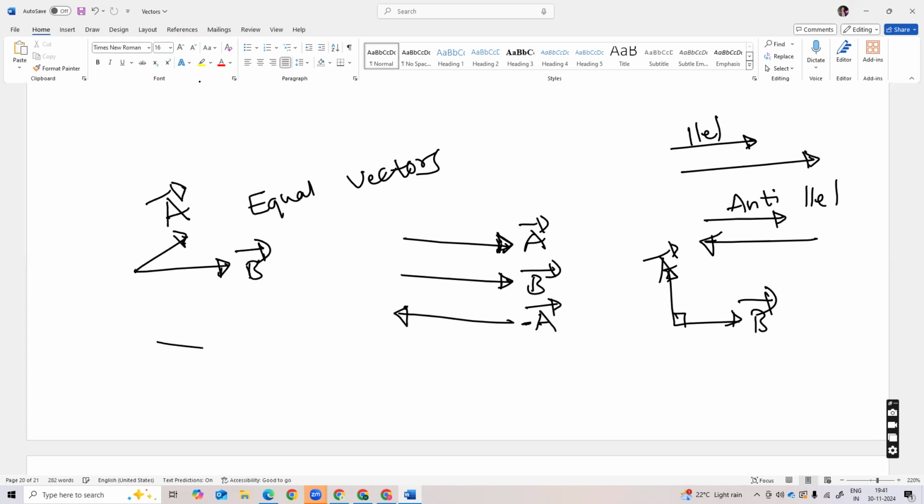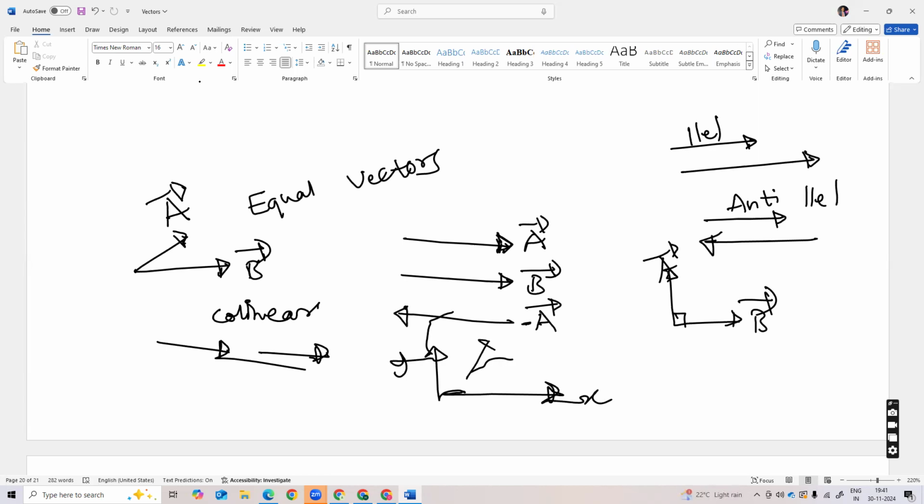If two vectors are in the same line, they are called collinear vectors. If you have an xy plane and two vectors in the same plane, then they are called coplanar vectors.